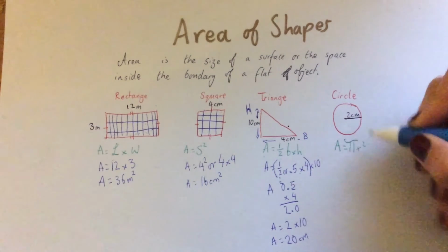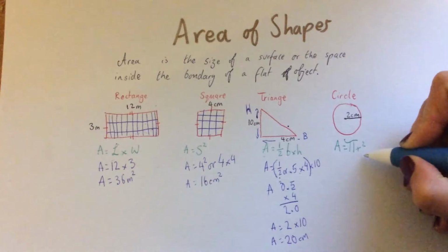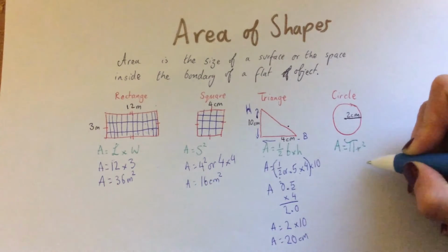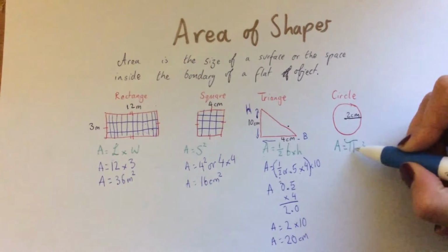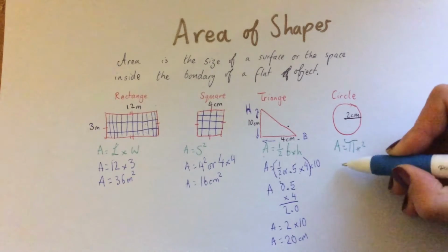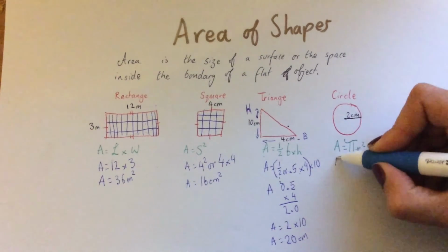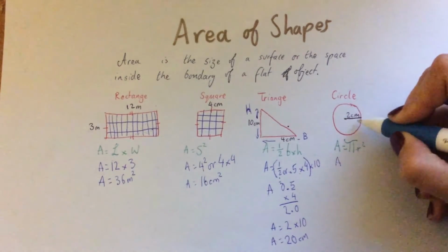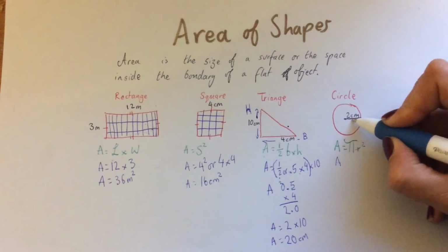So first of all, what we need to know is that our formula is pi times our radius squared. That's an R, by the way. Our radius is 2 centimeters.